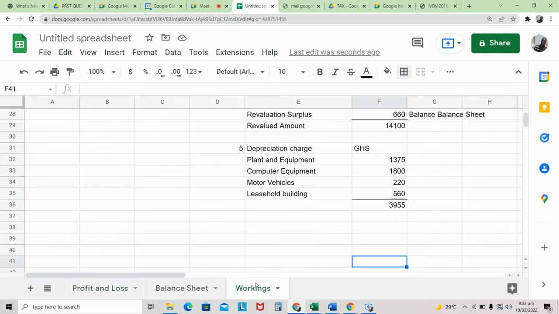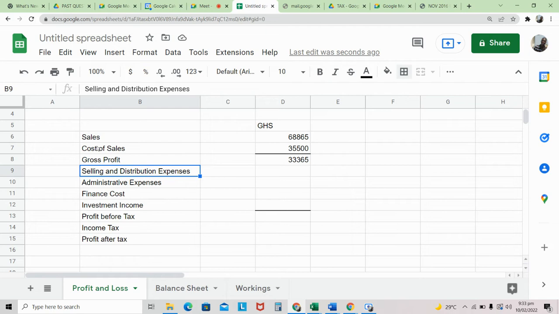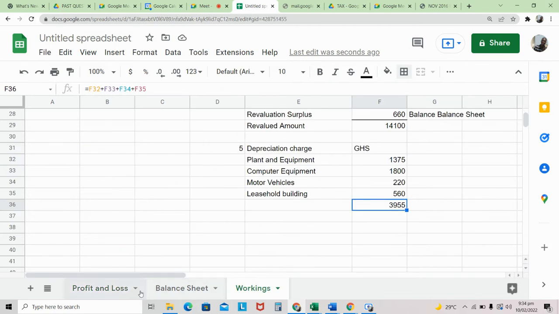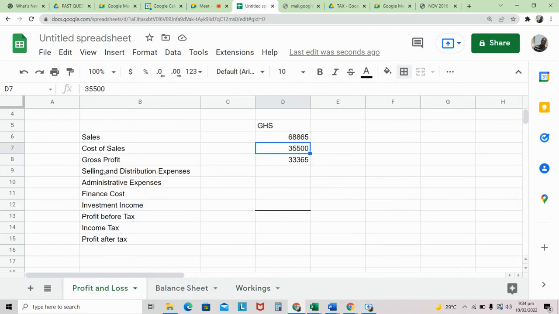So this depreciation that we have calculated here, we need to find a place and add it. Whichever one you use will be okay for you.